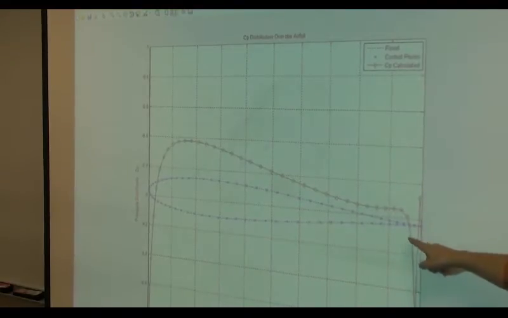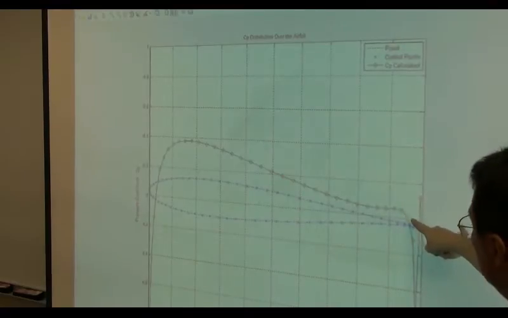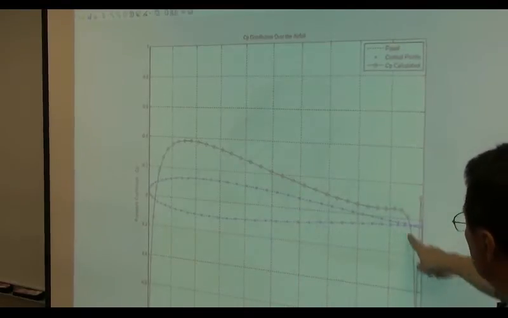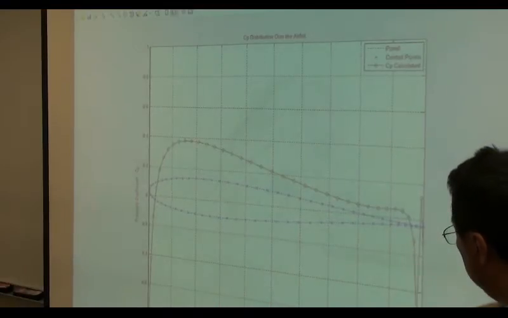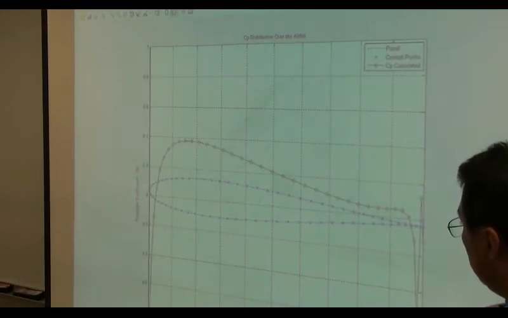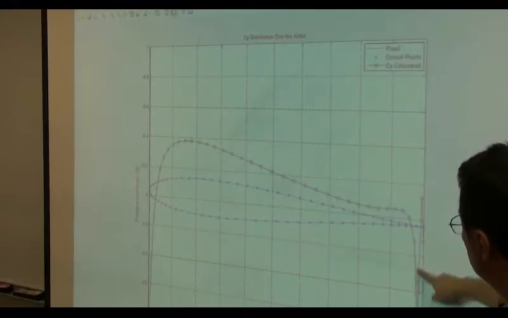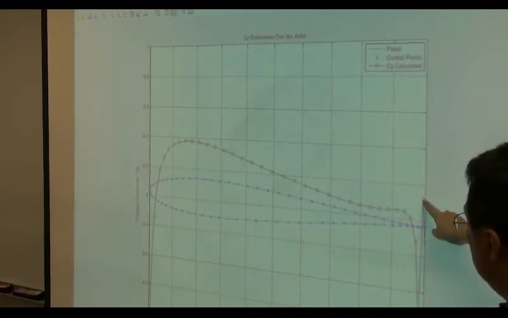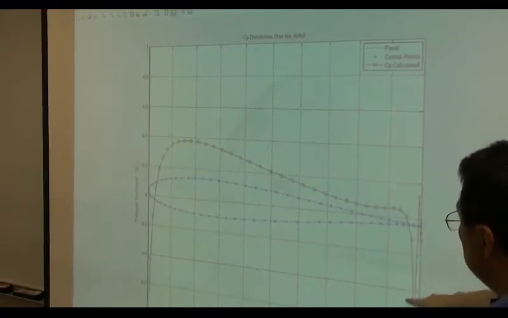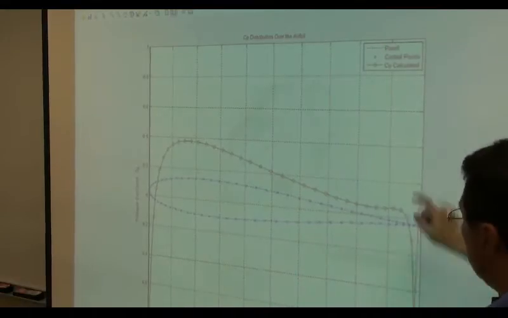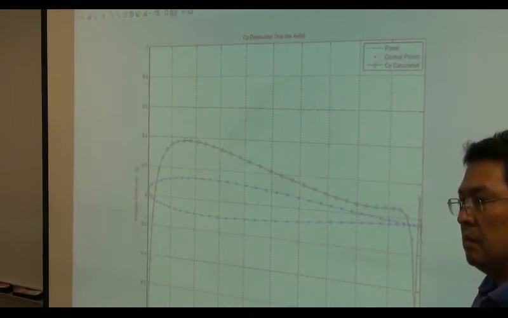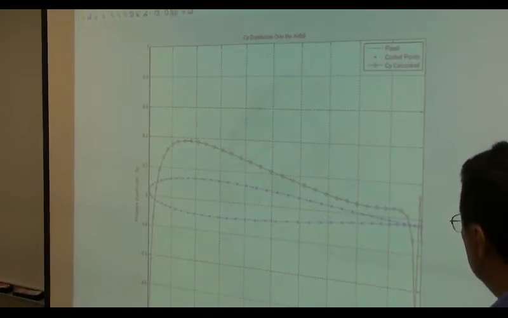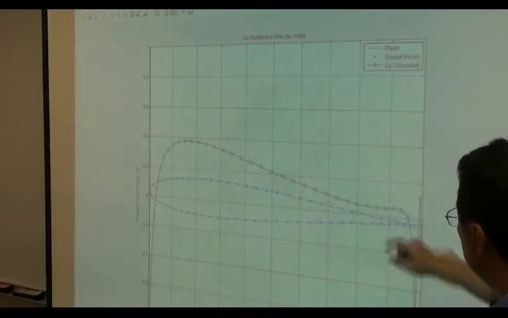It seems to me you have a CP distribution right here, 0.18 to 0.58-ish, then all of a sudden the pressure drops. So pressure goes up and drops down, pressure goes up and drops down. Why does that kind of thing happen here?